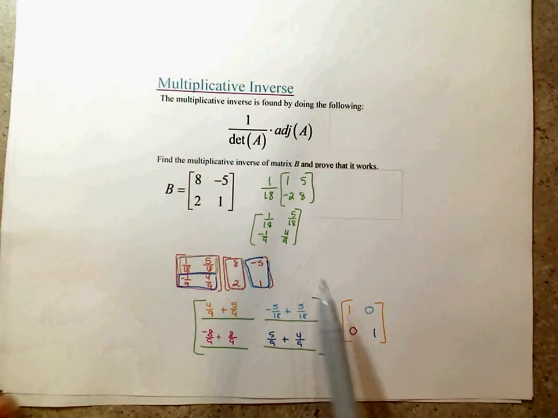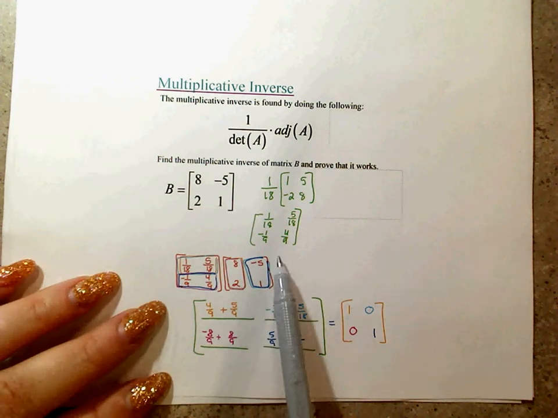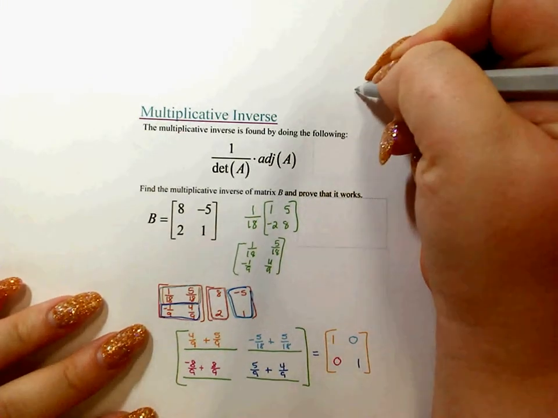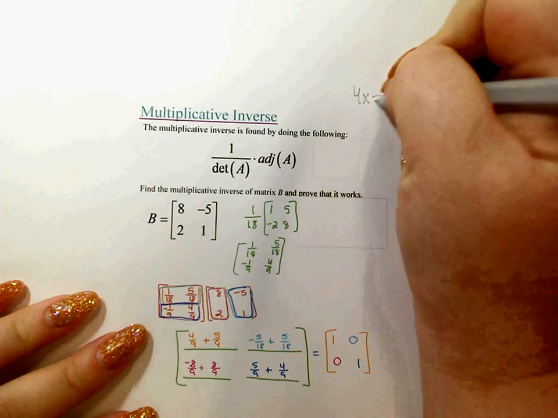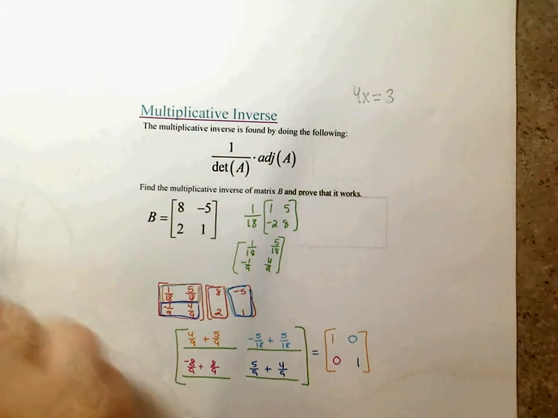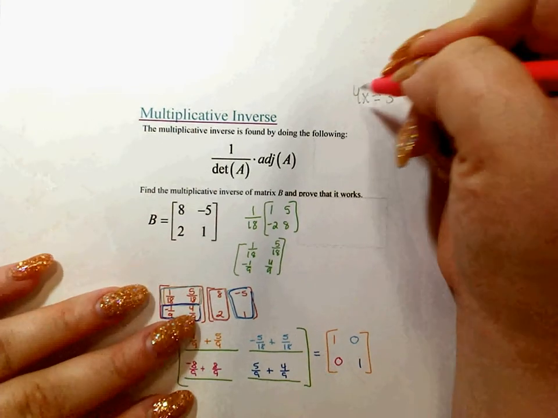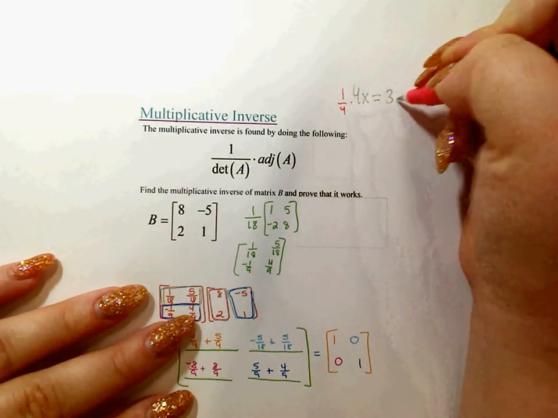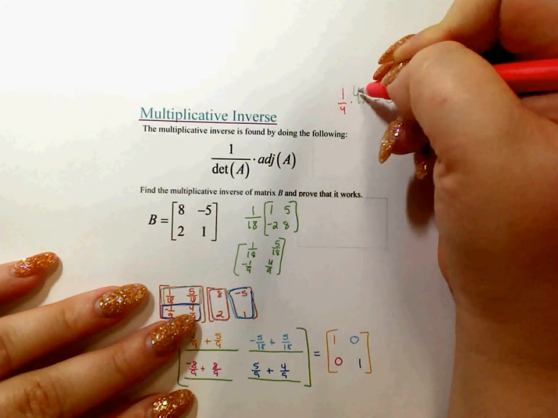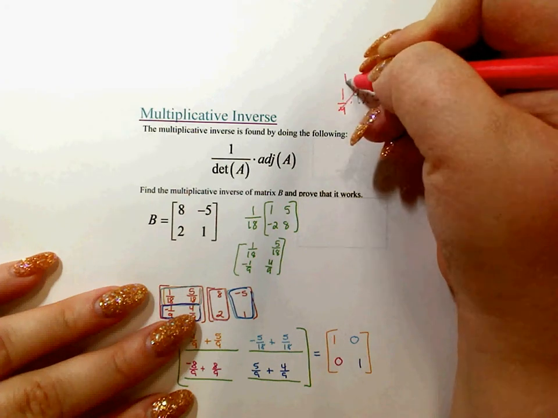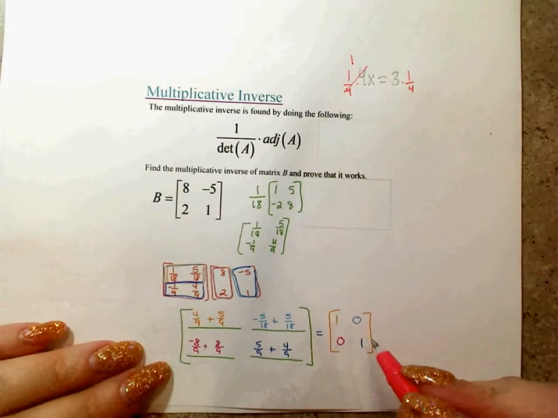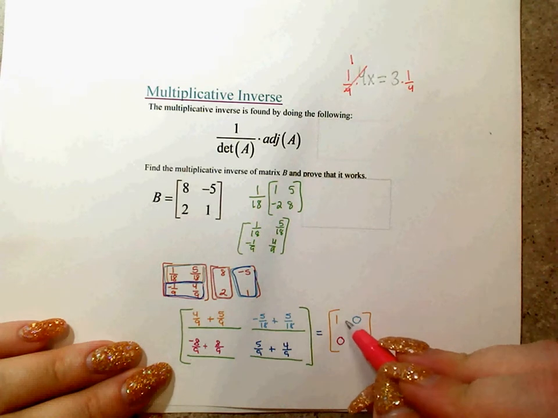So then what I wanted to prove to you was that multiplicative inverse is the same thing as saying, if I tried to solve this equation, then the multiplicative inverse is what I can multiply this side by to get just x, and that's multiplying by 1/4. And so that's the idea, is to simplify it down to 1. Well, the equivalent of 1 in this matrix is the row reduced echelon form 1, 0, 0, 1.